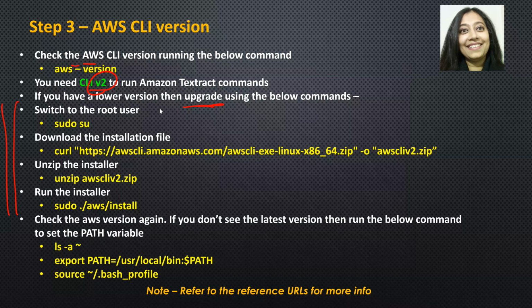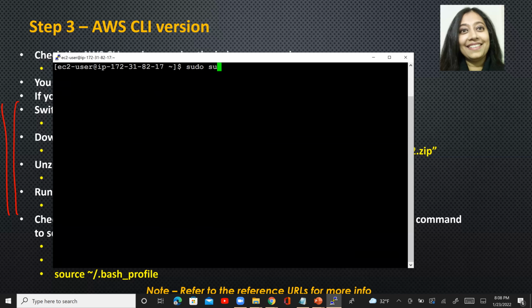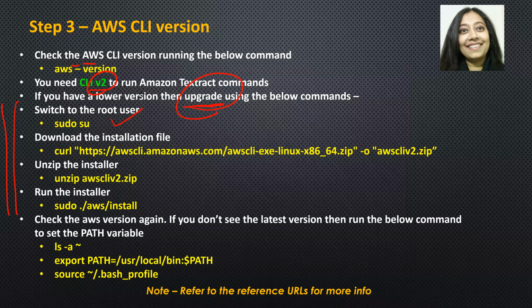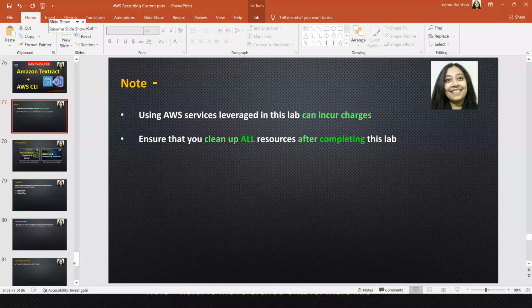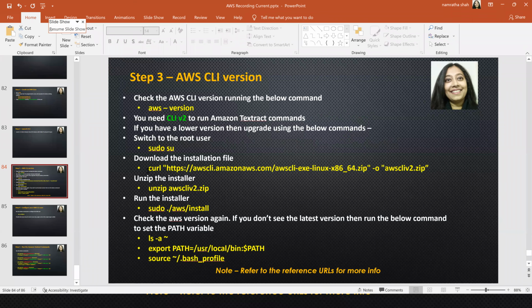Okay, so the first thing that we are going to do is, if we have the lower version, then we are going to upgrade using the below commands. The first thing that we will do is switch to the root user. So sudo su. So we switch to the root user. We are going to download this particular file. I'm going to copy the command.